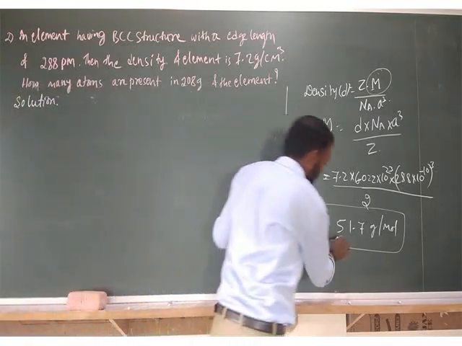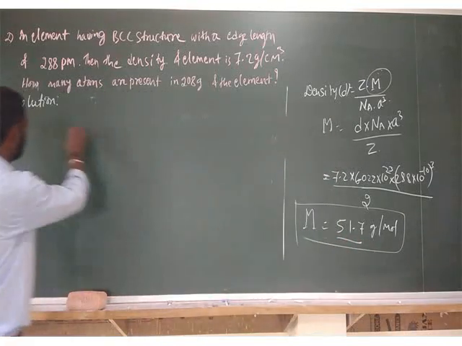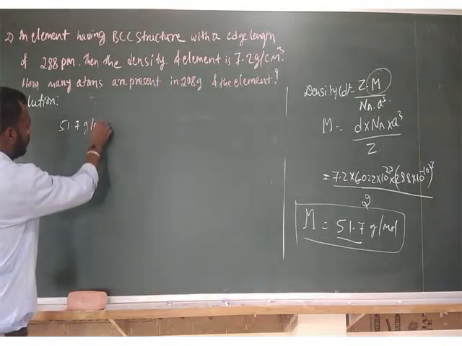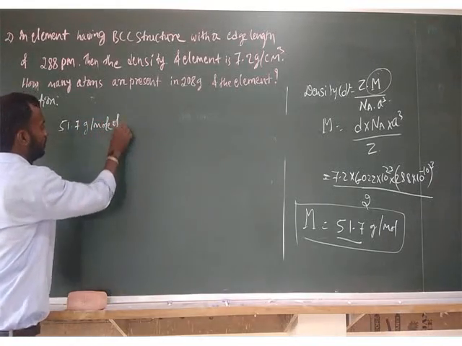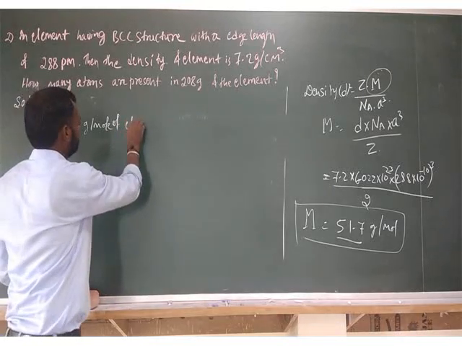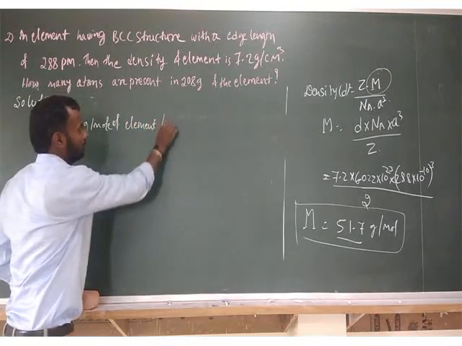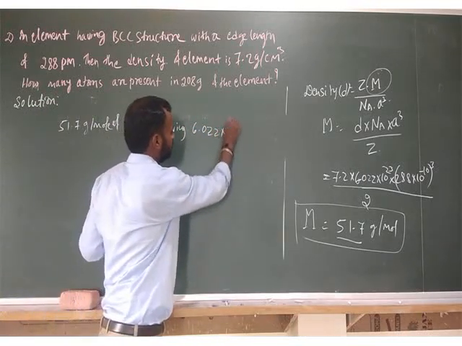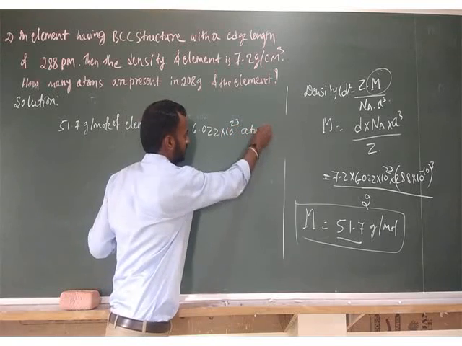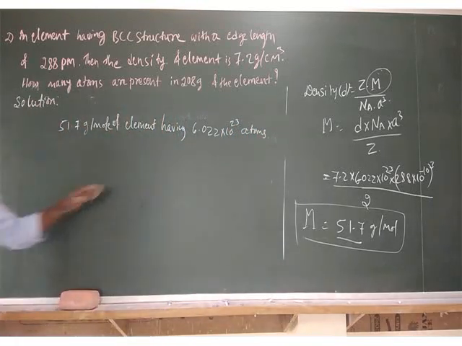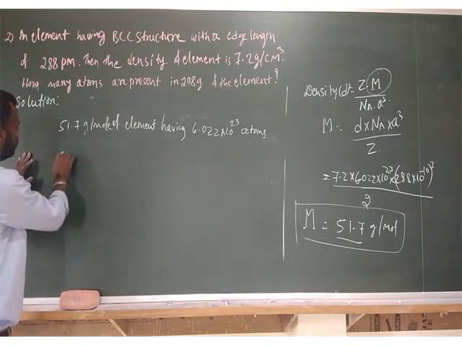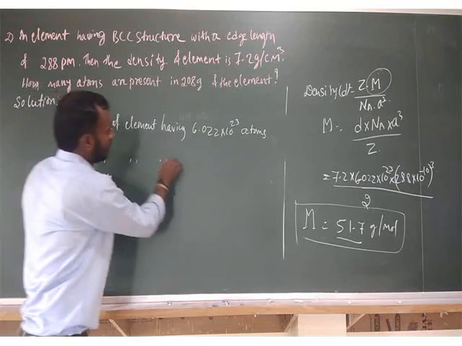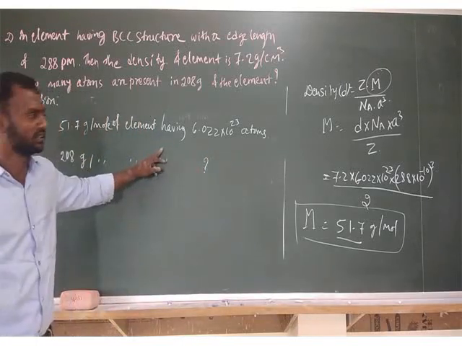So this can be calculated. 51.7 gram per mole of element has 6.022 into 10 raised to 23 atoms. Then 208 gram of element, how many atoms are present?